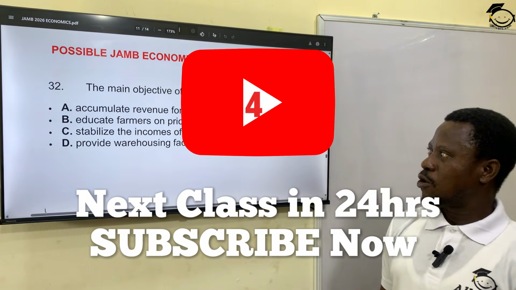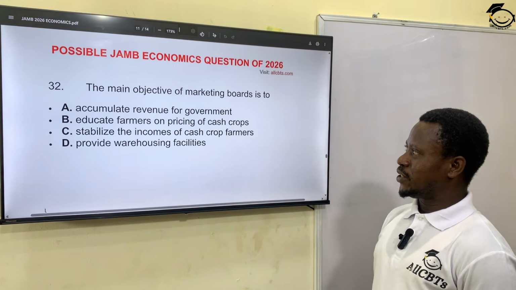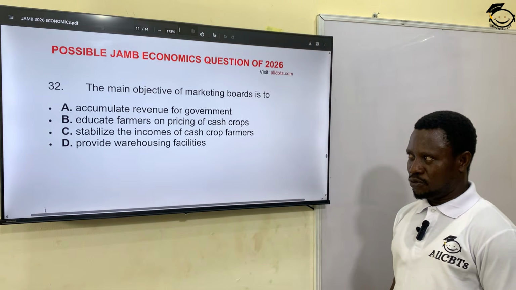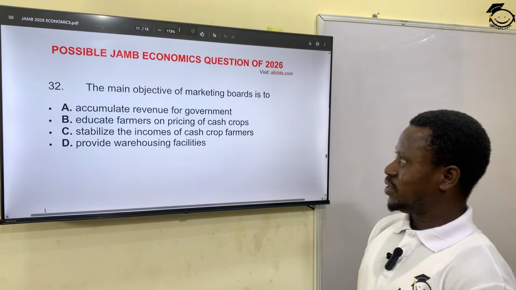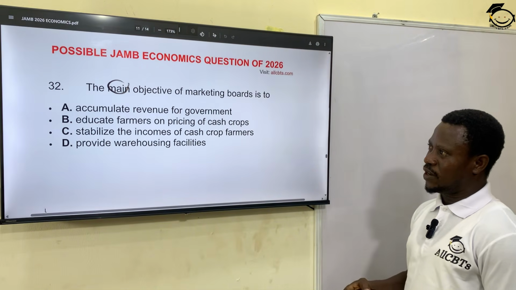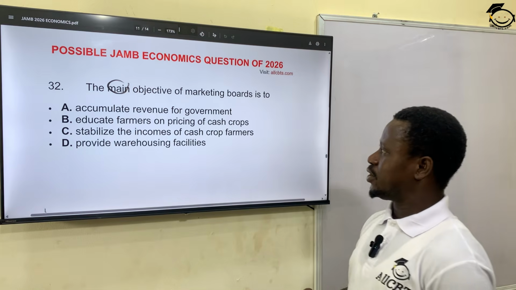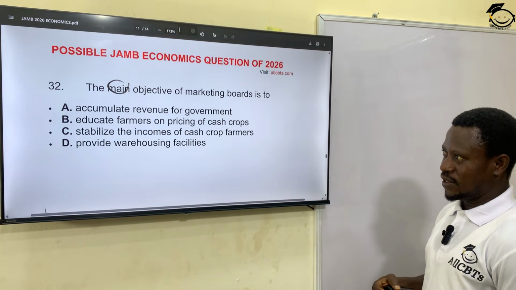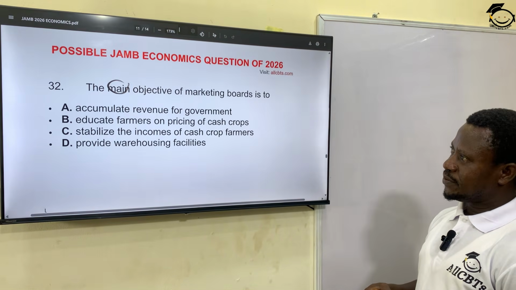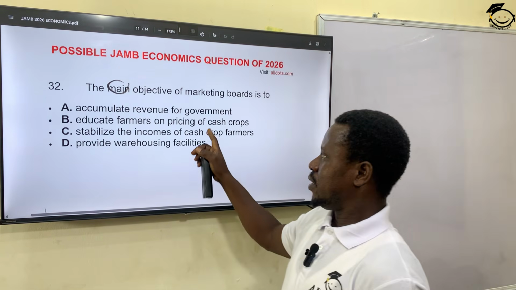A, accumulate revenue for government, not necessarily. B, educate farmers on pricing of cash crops. They could do that also, but that's not the main. The question is asking you for the main objective. But let's see, we have another option there. C, stabilize the incomes of cash crop farmers, okay? D, provide warehousing facilities, not necessary. A and D, not necessary.